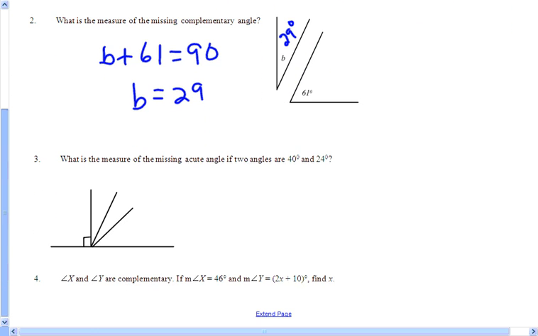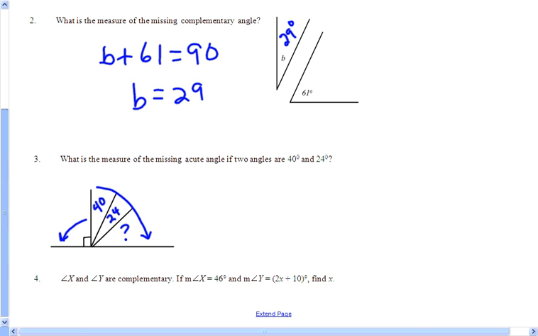And number 3 says, what is the measure of the missing acute angle if two angles are 40 and 24? And so let's say that this one is 24 and this one is 40. And then the other missing acute angle, this angle over here is a right angle, so that's not an acute angle. So they must be talking about this one. And we can see that all three of these make 90 degrees.